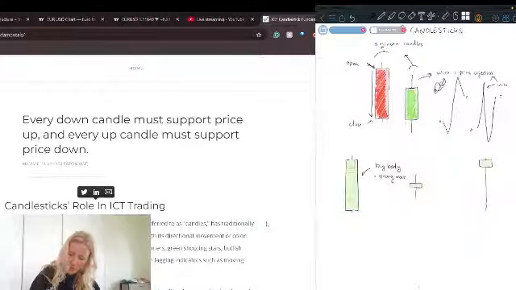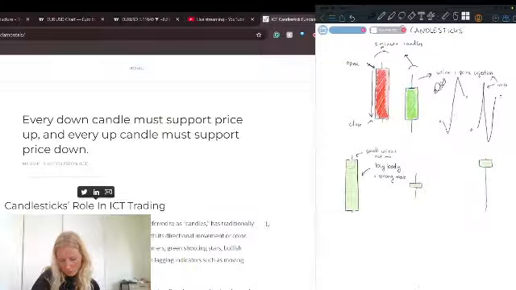And the wicks are really small. Small wicks. Which means not a lot of price rejection. Not much rejection.